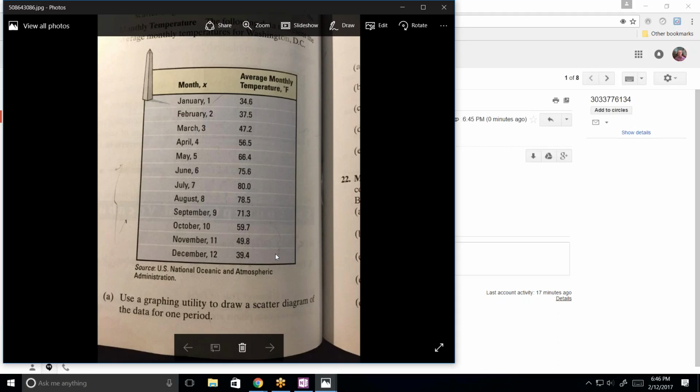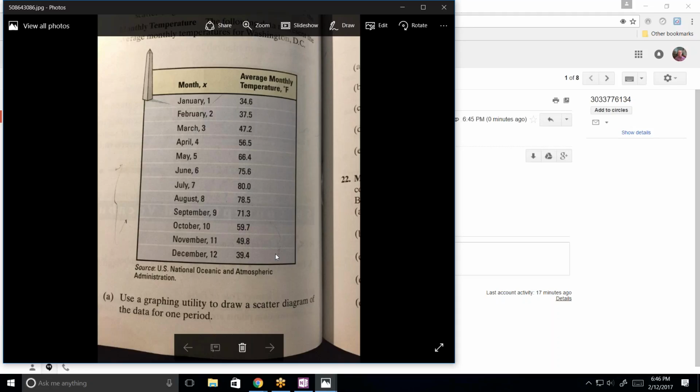So you're always starting the sine or cosine function at a minimum or a maximum, hardly ever a maximum unless you're in Australia. Then January is the warmest month. But as long as you're looking at a table like this where January is the lowest and July is the highest, then you're generally looking at no phase shift.